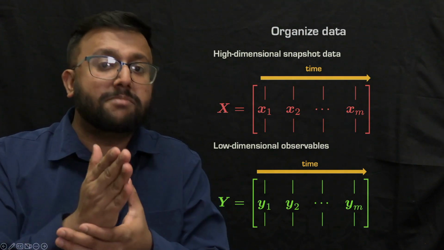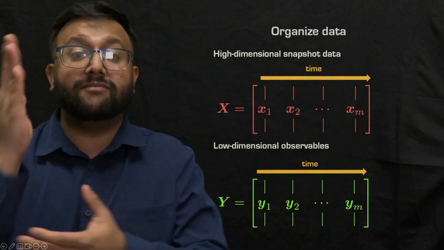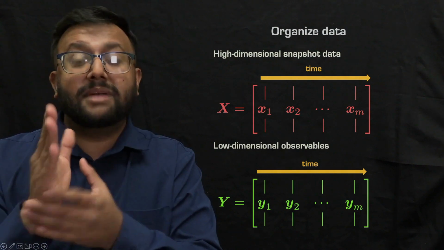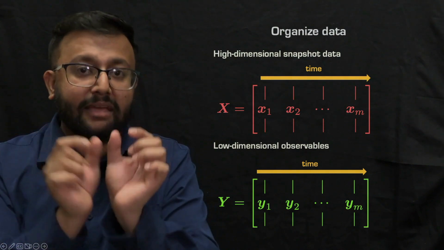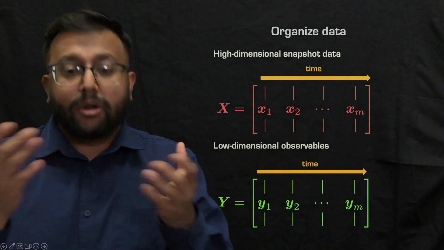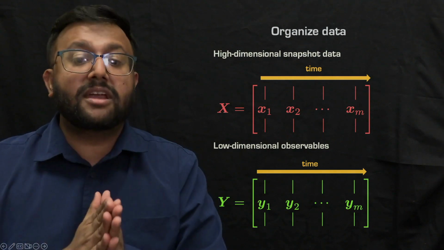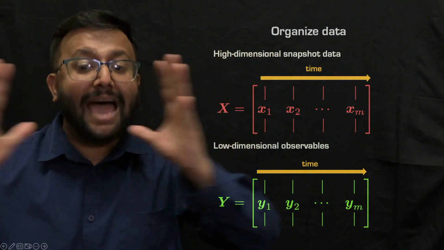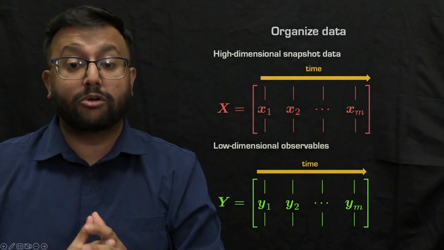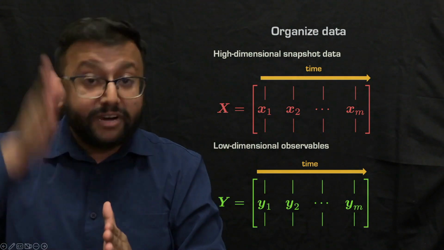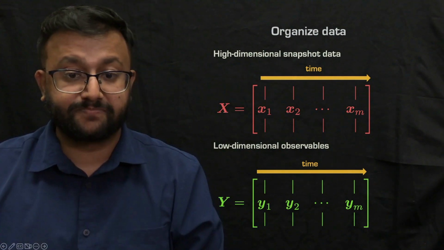We collected some measurement at one time instant, then we collected at a separate time instant separated by a sampling time step or period. We are going to collect these different realizations and stack these snapshots or observables that we collected over time as columns.